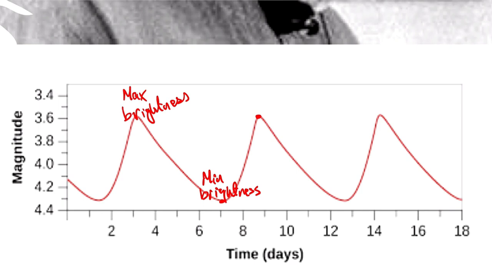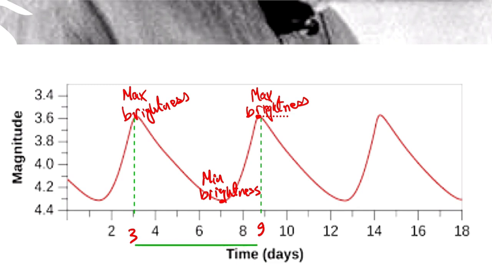And this will be considered a full cycle of this Cepheid variable. In this example that is shown here, the period extends from day 3 to around day 9. Therefore, a period of about 6 days.